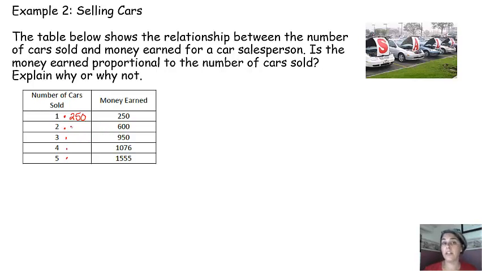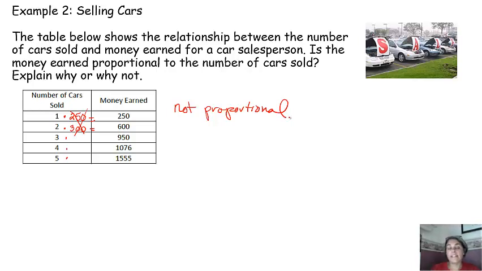You can use your calculator if you need. 2 times 250, oh no, that's 500. It's actually 2 times 300 that gets us to 600. And as soon as these numbers that you're multiplying by differ, there's no constant value to multiply the number of cars by to get the corresponding money earned, so this is not a proportional relationship.